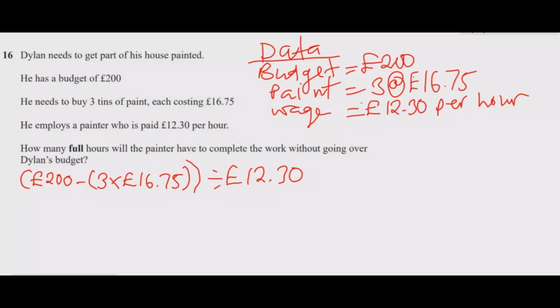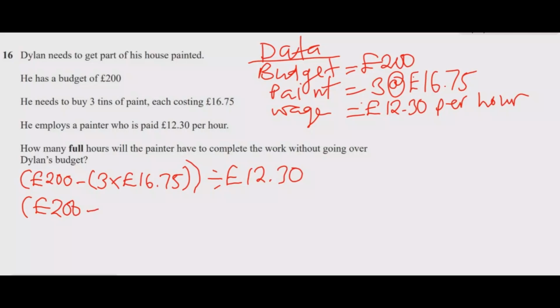Now what next are we going to do? We start working on the numbers in brackets, starting with the inner brackets, the ones that are very inside. So we write £200 minus, then we work out what is inside the brackets.